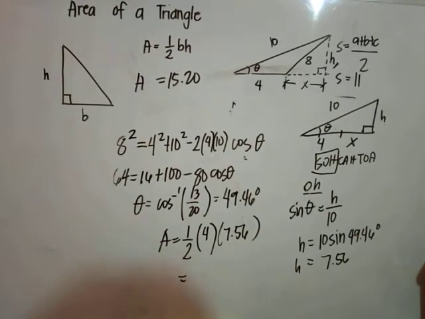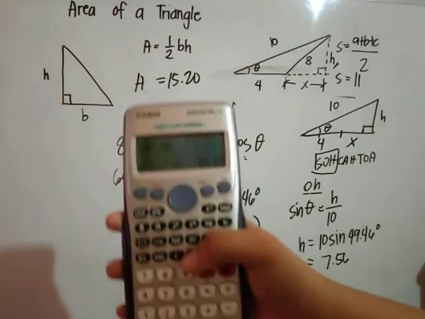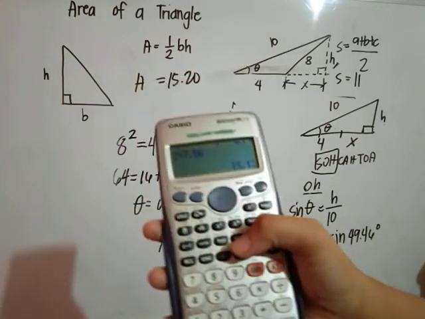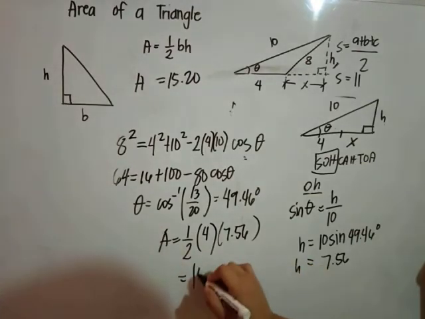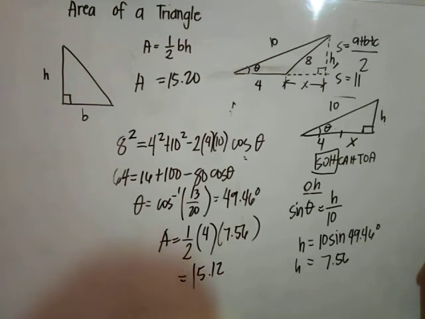So, we have 0.5 times 4 is 2 times 7.56 is 15.12.